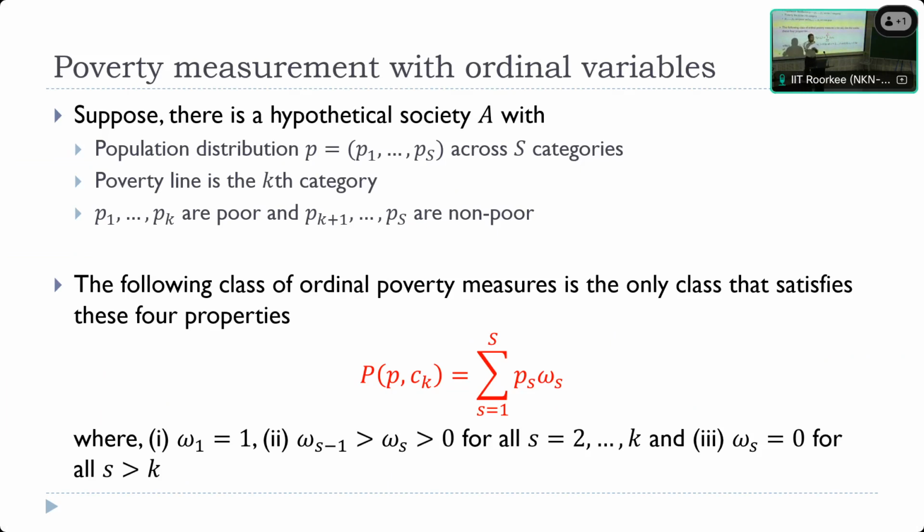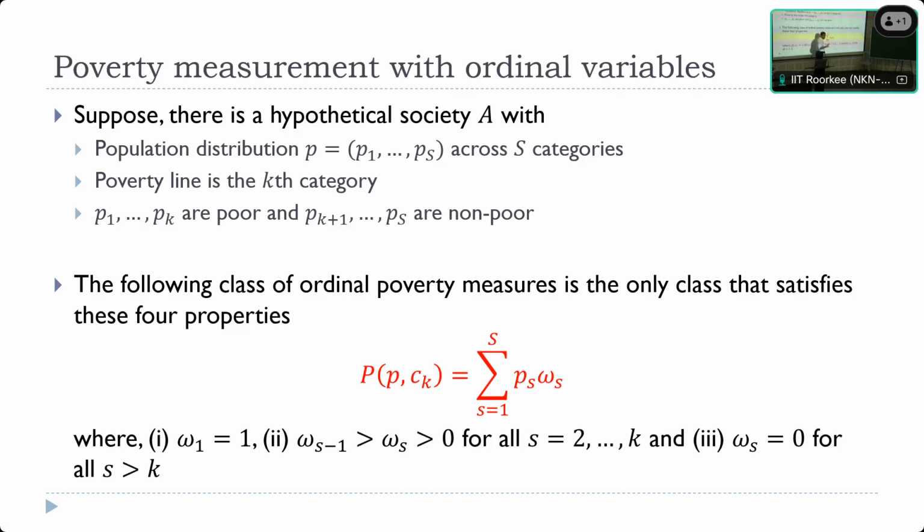If that is the situation, so the first K categories reflecting poverty, the rest reflecting non-poor, and you have a general situation, then it turns out that if we want those four properties to be satisfied, our poverty measure is simply equal to this. You have these categories S1 to SS. You have some sort of weights.